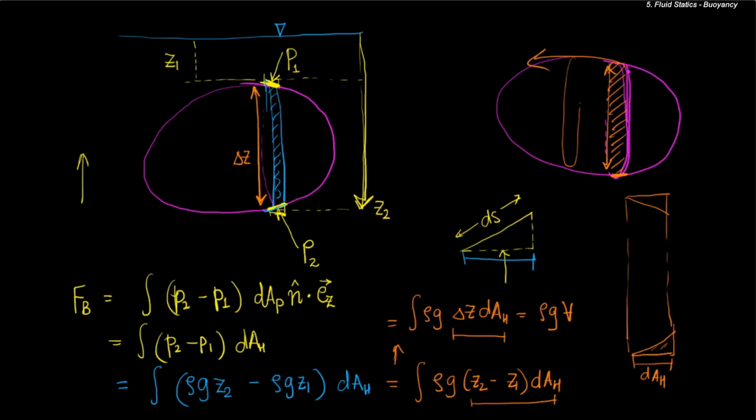Each slice you take, you end up with the volume of the entire object, and thus the buoyancy force is equal to the weight of the fluid displaced. Here rho is the density of the fluid, not the density of the object. V is the volume of the entire object, which is also the volume of fluid displaced.